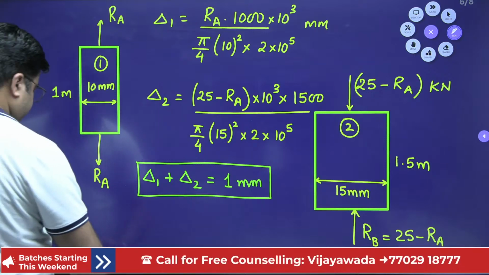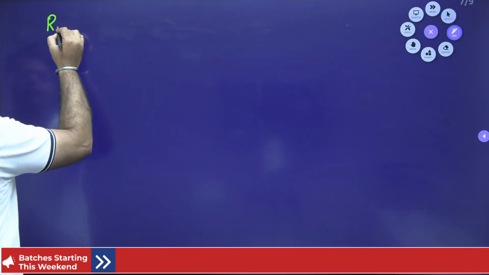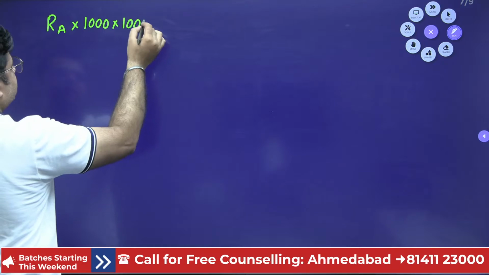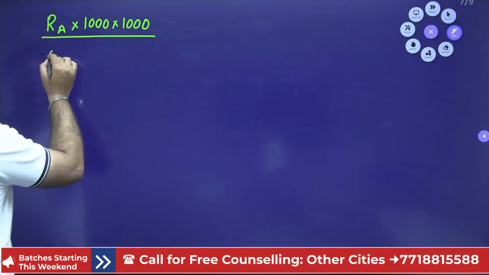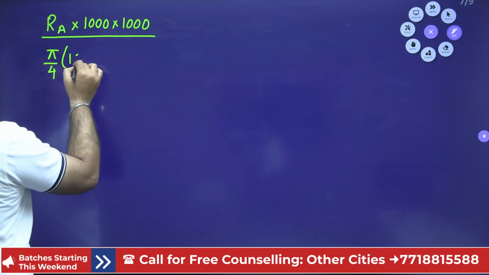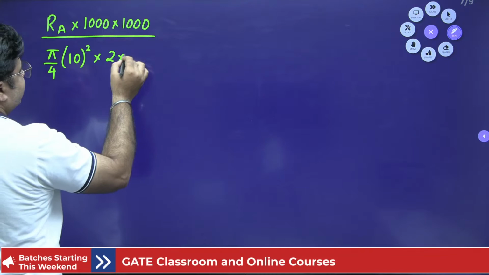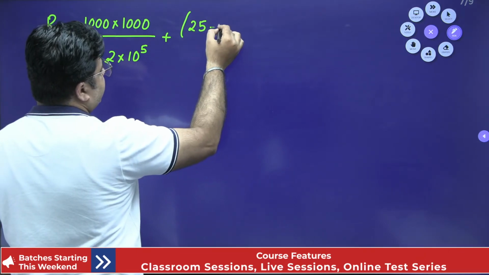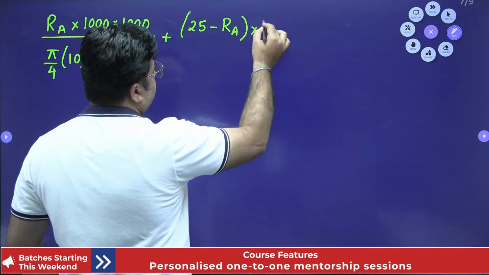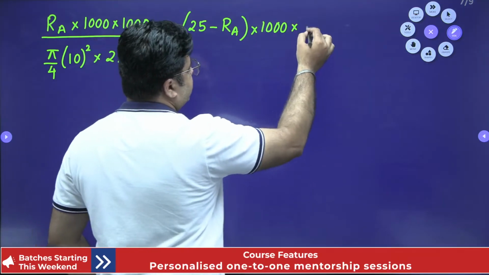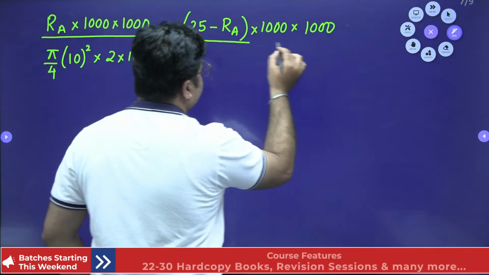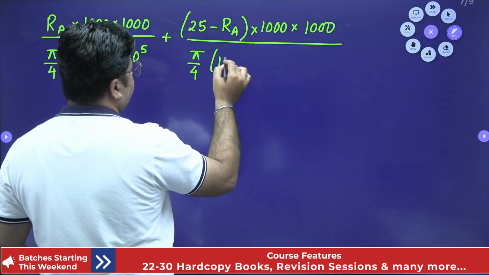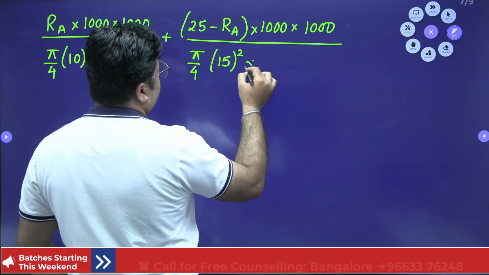So you have RA into 1000 divided by pi by 4 into 10 square into 2 into 10 raised to power 5, plus next will be 25 minus RA into 1000 divided by pi by 4 into 15 the whole square into 2 into 10 raised to power 5.